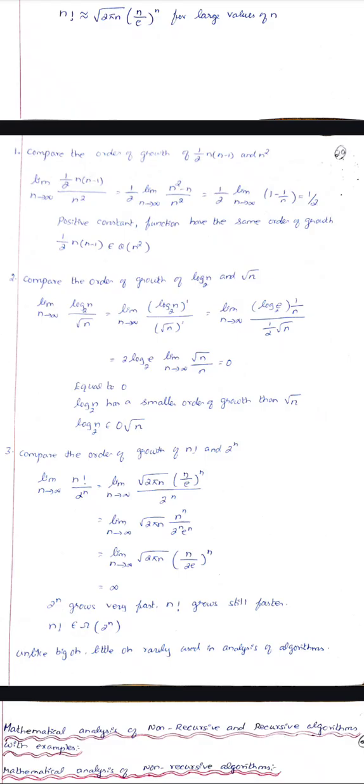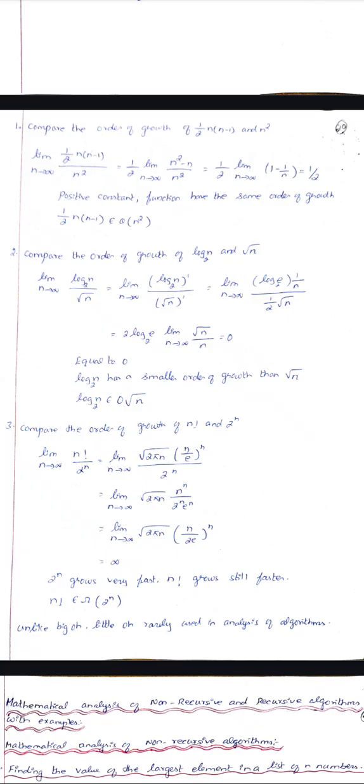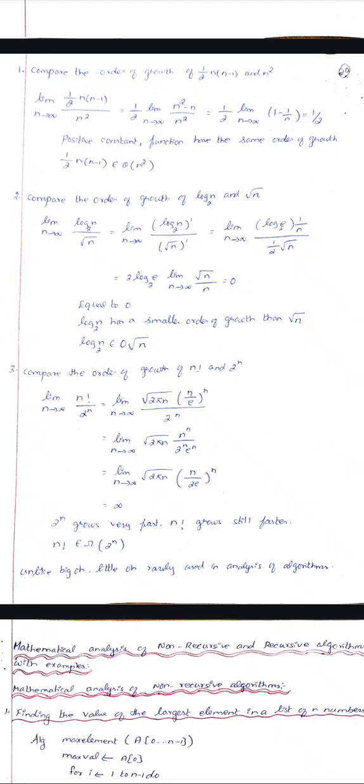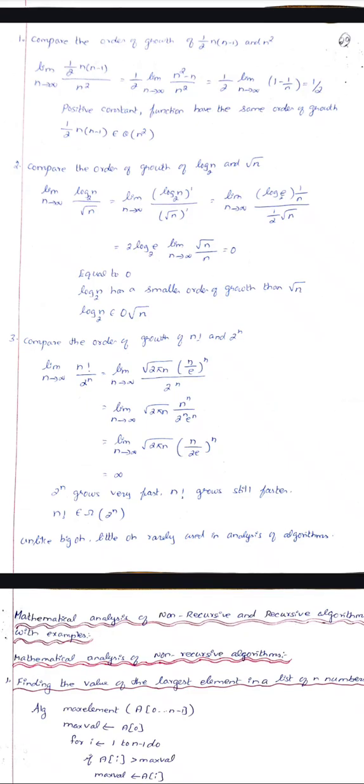So we will have root n by n, that is equal to 0. Log n to the base 2 has a smaller order of growth than root n. If the answer is 0, then this has a smaller order of growth than root n.